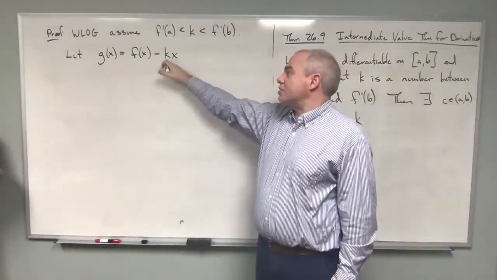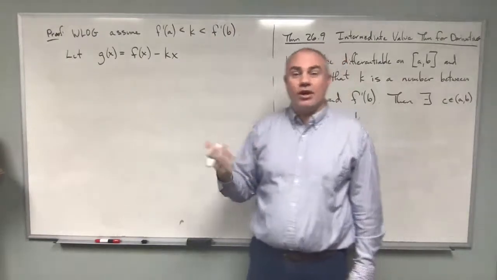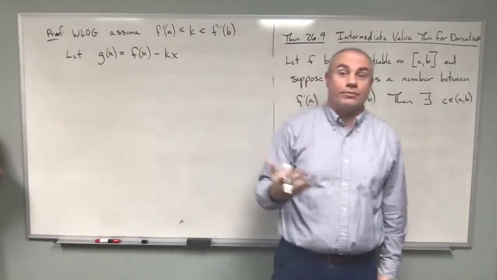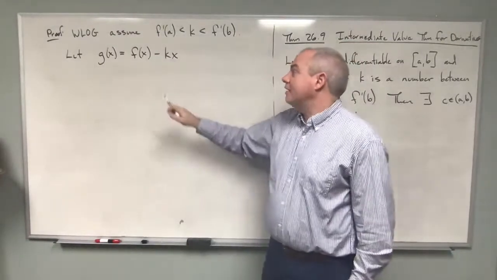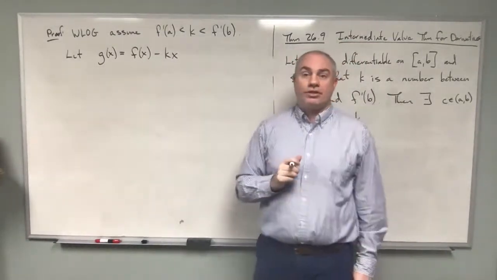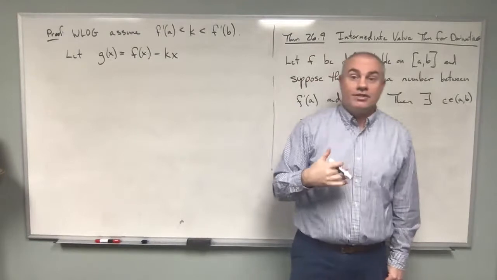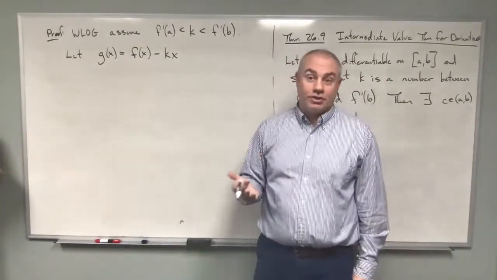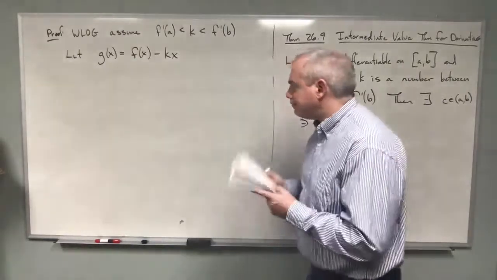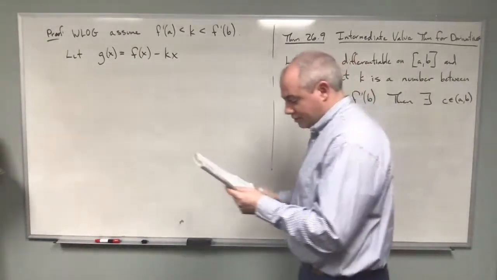K times x is just a constant times x. We know that's a differentiable function. In fact, we even know what its derivative is. It's negative K. So I'm just adding another differentiable function to f. So g, this new function, is a nice differentiable function, right? So that's good for us.